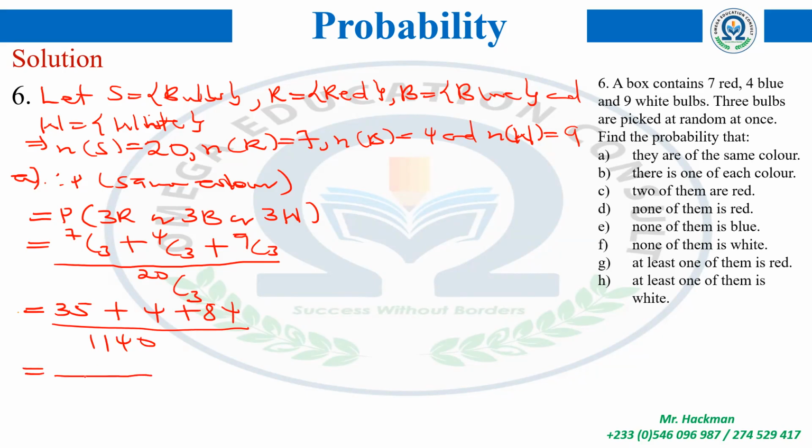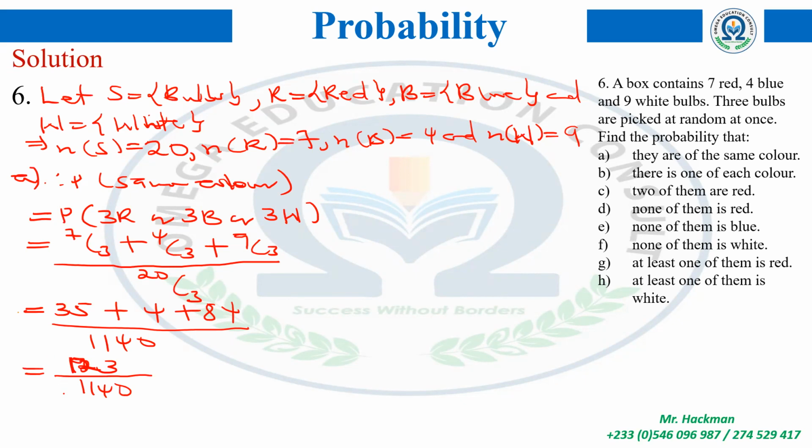Your denominator, write that one first. You have little or no work. Then you come to your numerator, add that for me. 123. Okay, so can you reduce it?